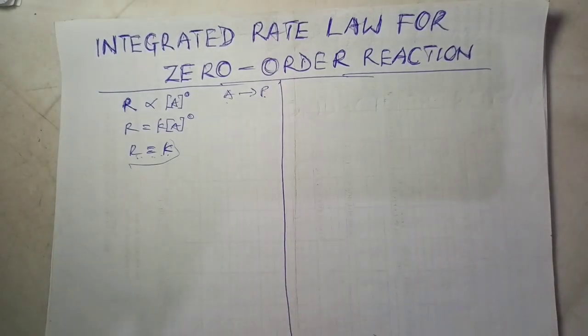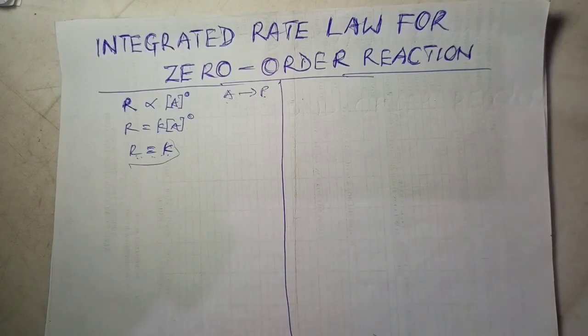Sometimes a question may require a table. They have given you the table of values, but they have already included a clause that states that the rate of the reaction is independent of the concentration of the reactant.